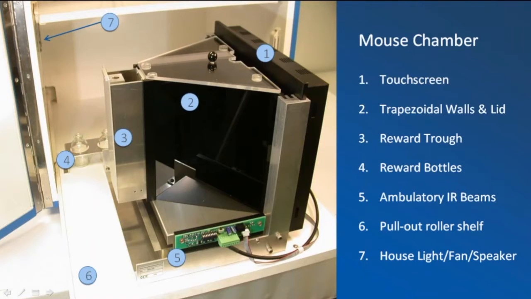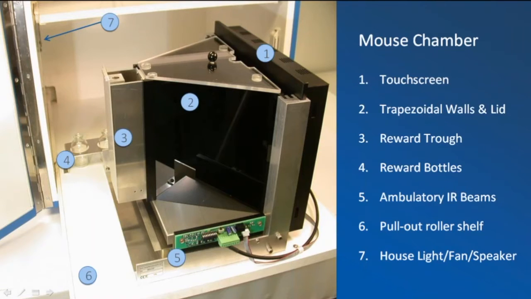This means we know exactly where the animal is at the rear of the chamber, facing away from the screen when we present the images for the next trial. Then the animal can turn around and have a centered, unbiased view of the monitor and stimuli on the touchscreen. We also have the liquid reward bottles for the mouse liquid reward located at the back of the chamber.